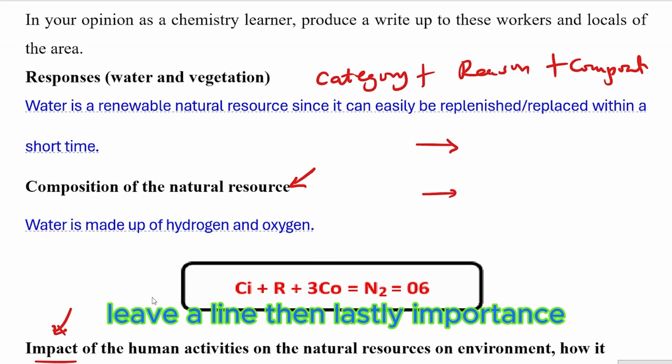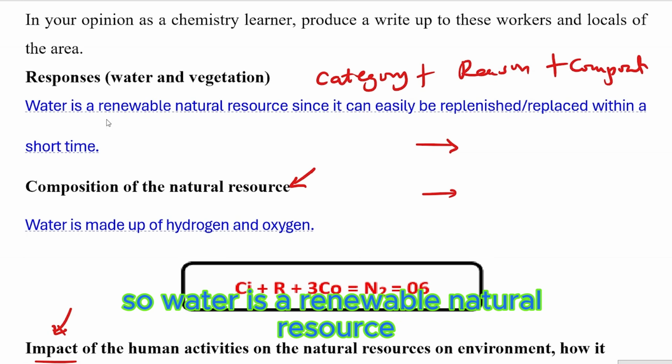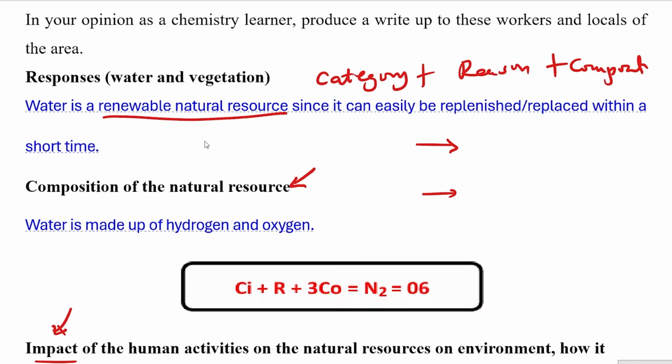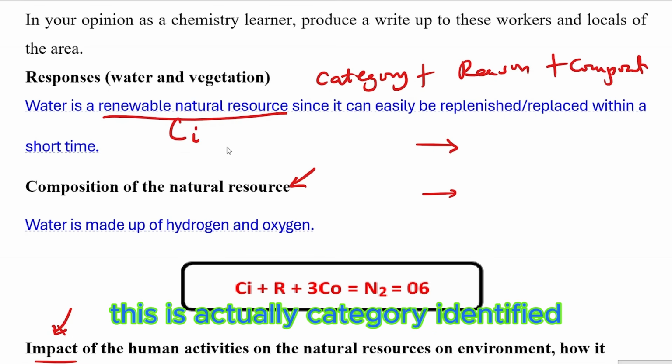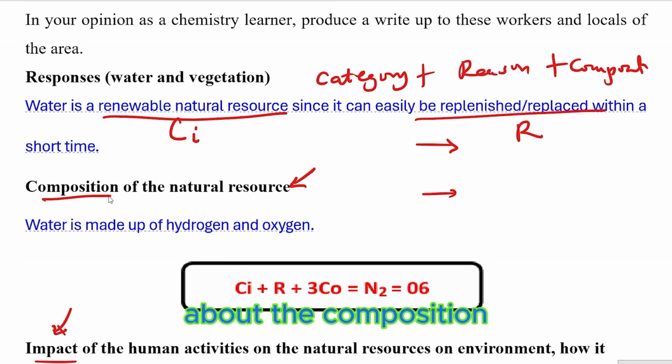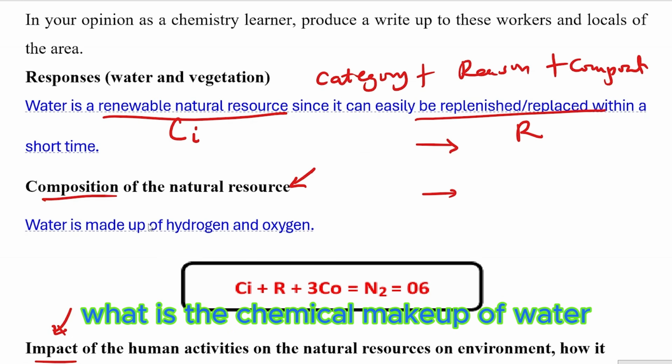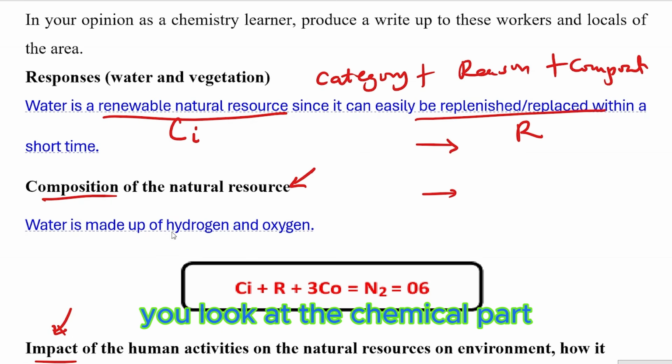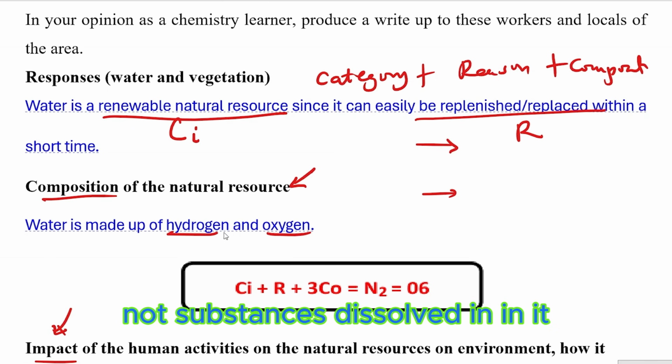Then lastly, importance. So, water is a renewable natural resource. This is the category identified. Then the reason must be stated clearly for you to receive scores. About the composition: what is the chemical makeup of water? Here you look at the chemical part, not substances dissolved in it.